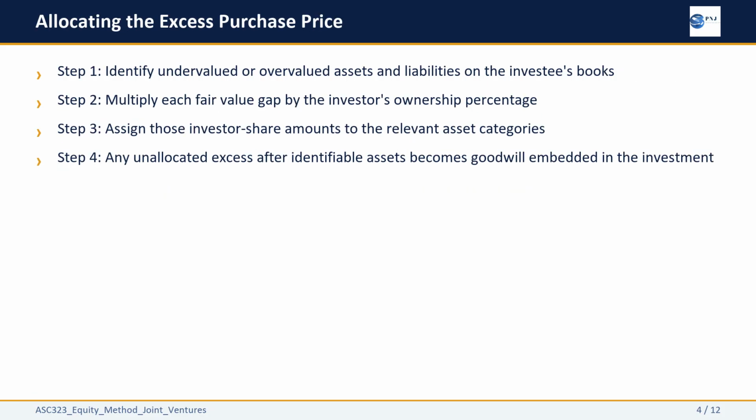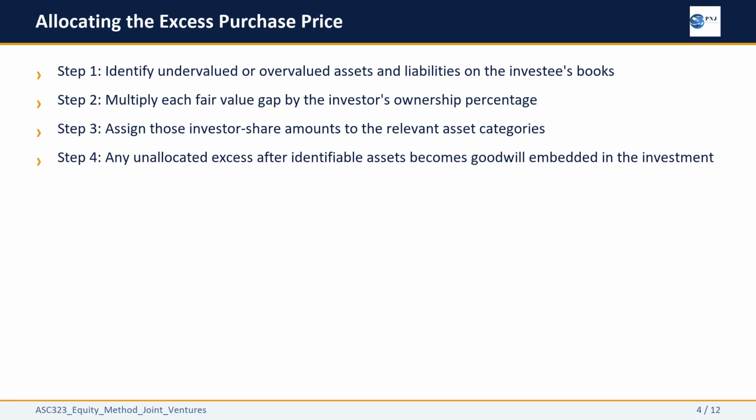The allocation process mirrors what you do in a business combination, just scaled to your ownership percentage. Start with identifiable assets: property and equipment, intangibles, favorable contracts, anything with a fair value that differs from book. Multiply each gap by your ownership stake to arrive at your share of the undervaluation. Assign those amounts.